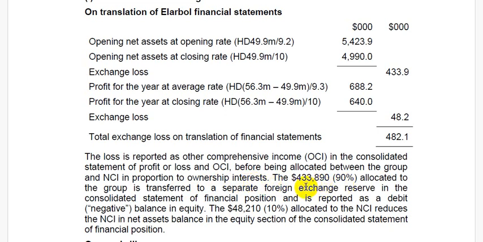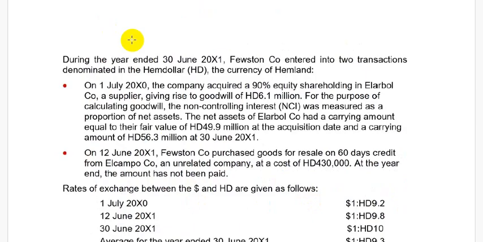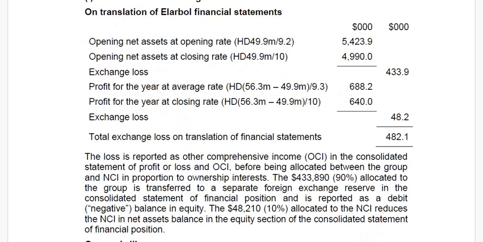So 90%, since we bought 90% shares, the NCI is 10%. So 90%, which works out to 433,890, allocated to the group, is transferred to a separate foreign exchange reserve in the consolidated statement of financial position and is reported as a debit or negative balance in equity.